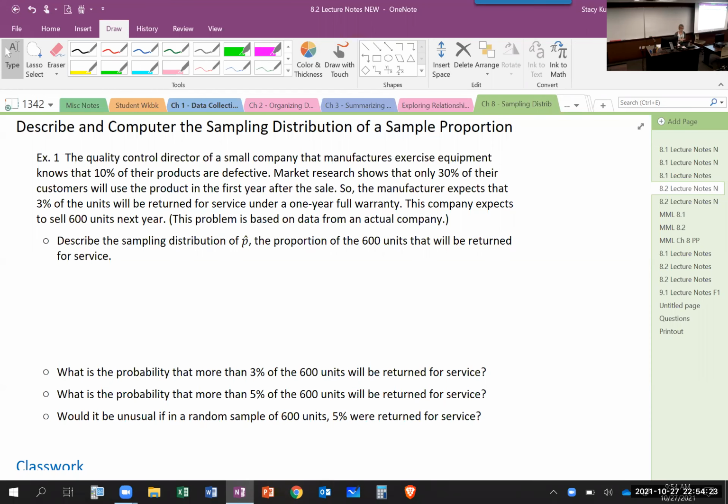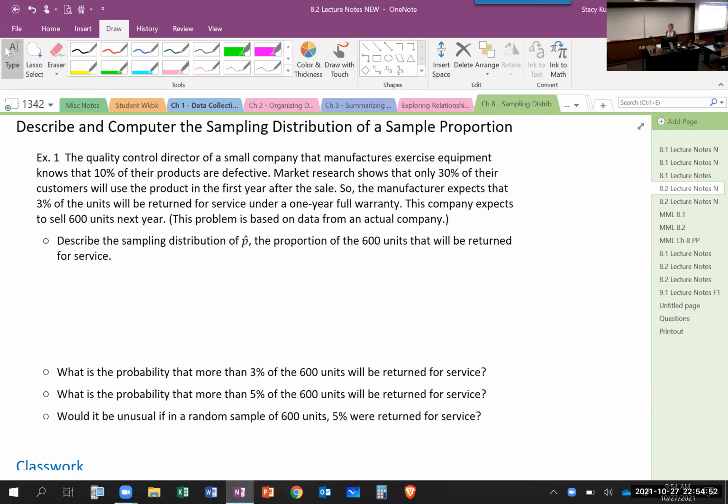It says a quality control director of a small company that manufactures exercise equipment knows that 10% of their products are defective. Market research shows that only 30% of the customers will use the product in the first year after the sale. So the manufacturer expects that 3% of the units will be returned for service under a 1-year full warranty. The company expects to sell 600 units next year.